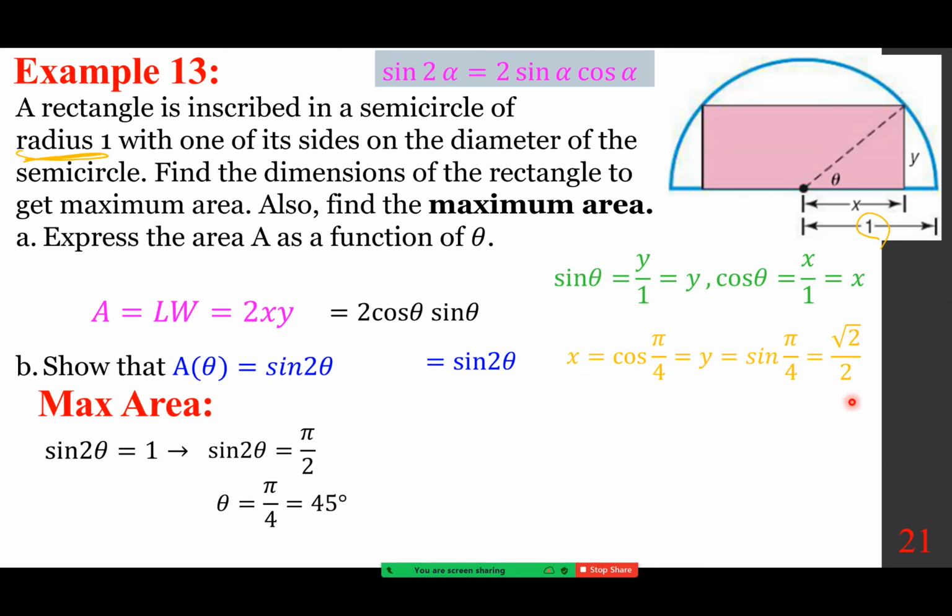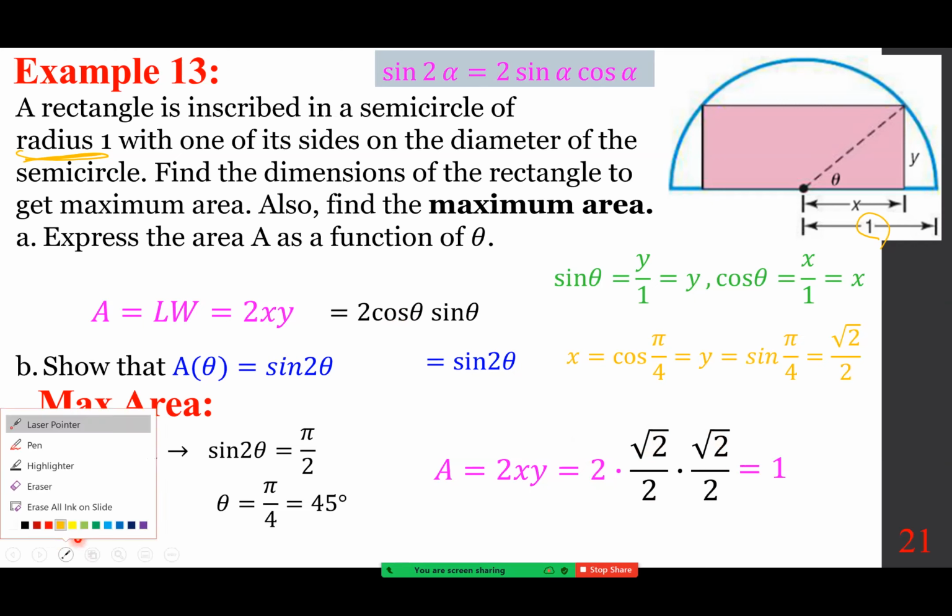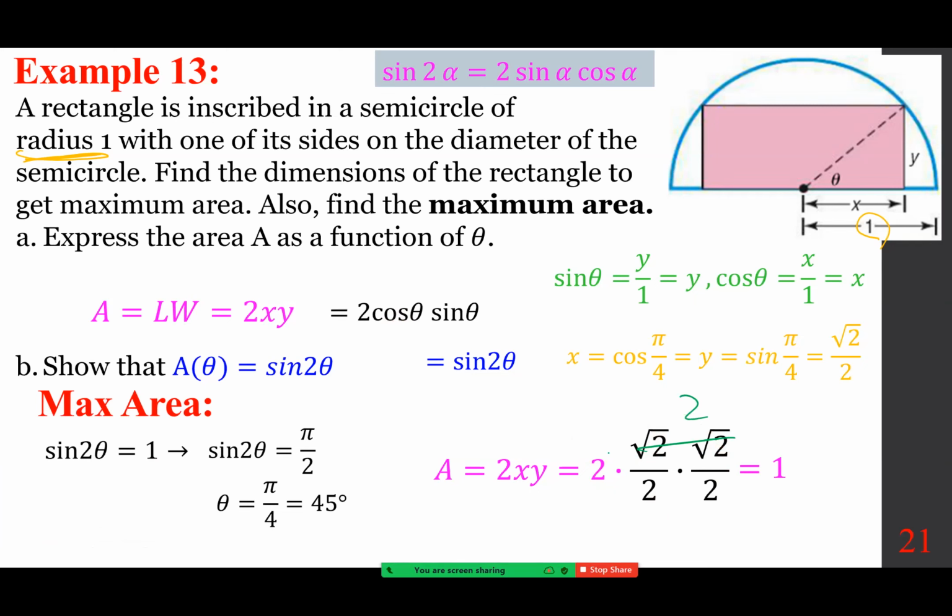Both of them become square root of 2 over 2. So we plug in 2 cosine and sine. Each one is square root of 2. And the answer is, I hope you realize it's 1, because this is 2. So the numerator is 2 times 2, 4. The bottom is 2 times 2, 4.